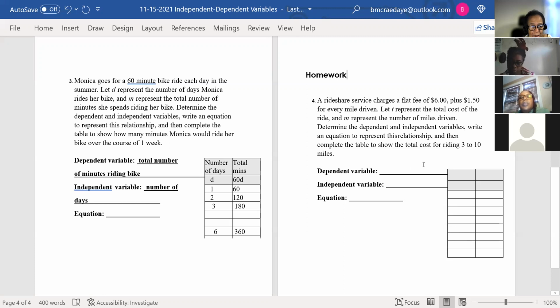Indicate the dependent variable, independent variable, write the equation, and then fill in the table. And this will be 1, 2, 3, 4, 5, 6, 7, 8. Well, it says 10 miles, but you can really do 8. So this would be 3 to 8, not 10. Any questions on anything we went over?